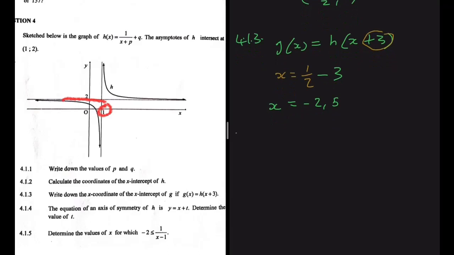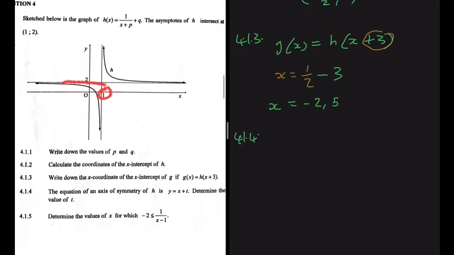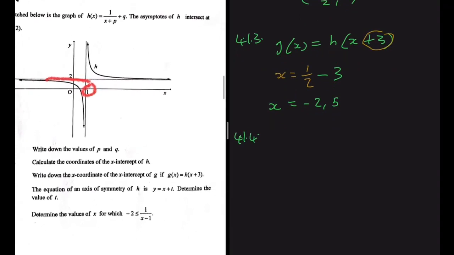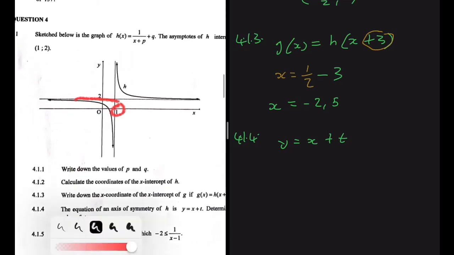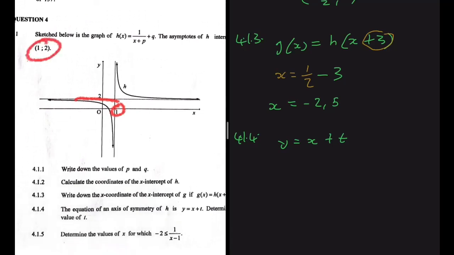Now let's do 4.1.4. It says the equation of an axis of symmetry of h is y equals x plus t. Determine the value of t. We are given the slope, we just have to find t. If you have an axis of symmetry, the point you substitute is the point where the asymptotes intersect.